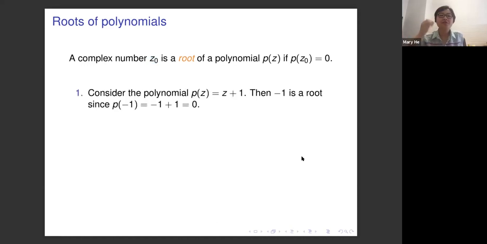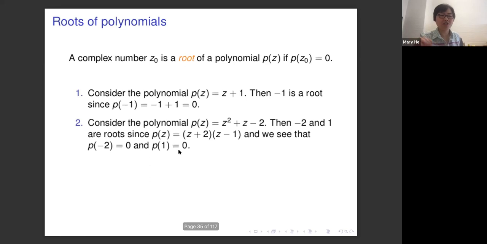So our first example is the degree 1 complex polynomial P of z equals z plus 1, right? And in this case, we see that -1 is a root, because if we plug in -1 into the polynomial, we get 0, right? So it's just very simple. And second example, we consider the polynomial z squared plus z minus 2.